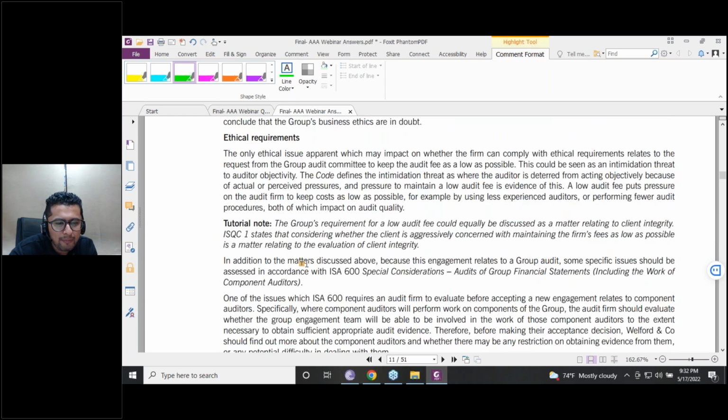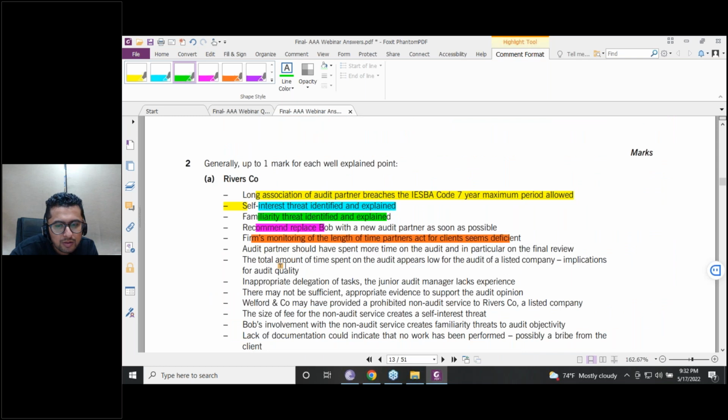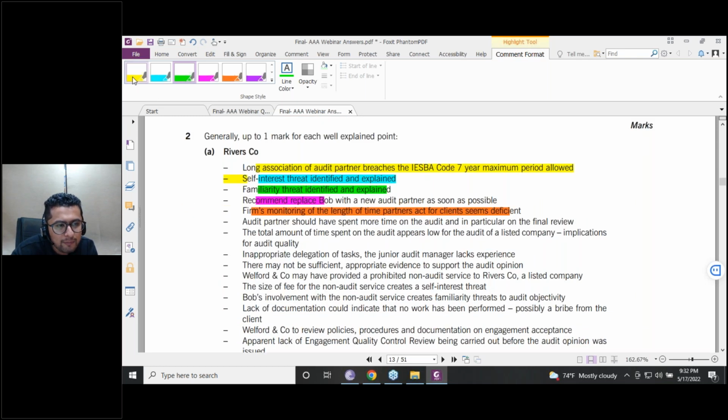Let's see what the marking scheme has to offer. Audit partner should have spent more time on the audit, in particular on the final review. The total amount of time spent on the audit appears low for the audit of a listed company.